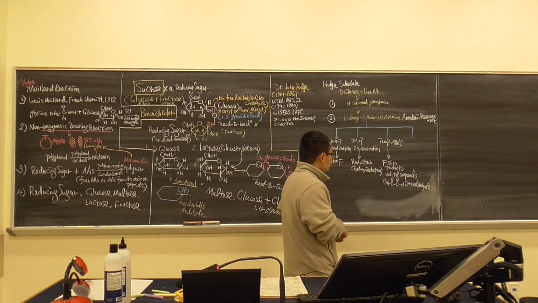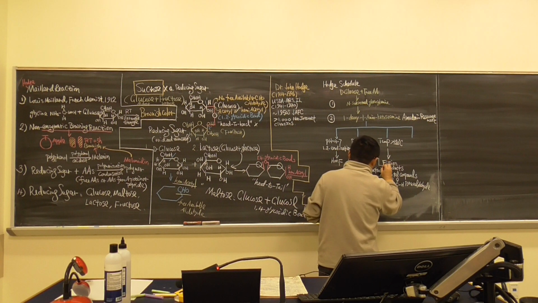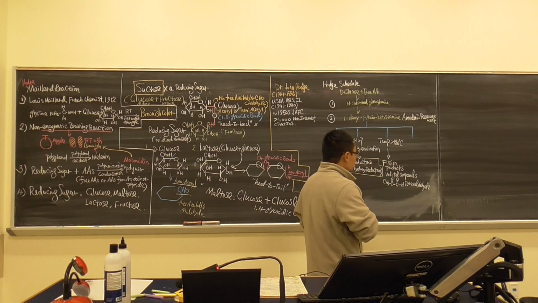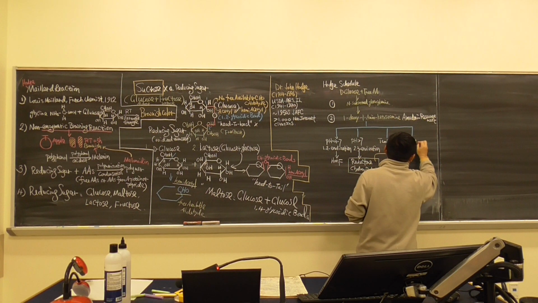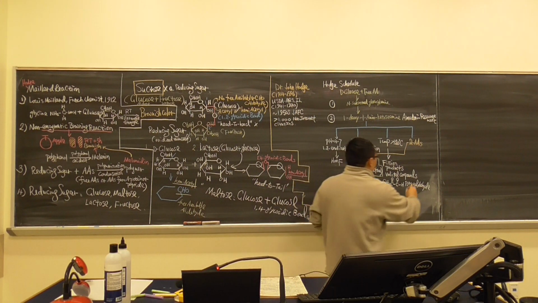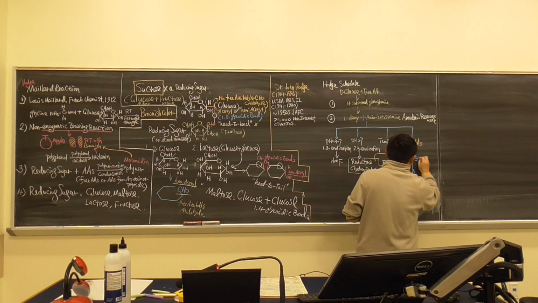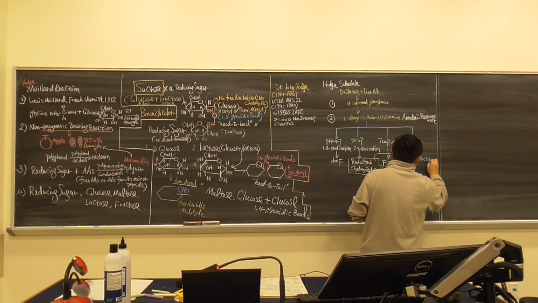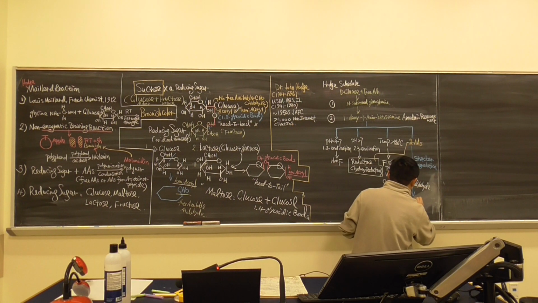What happens if these products are generated in the food product and alpha amino acids show up? What will happen? It will go through a process called Strecker degradation. And Strecker degradation will generate the so-called Strecker aldehyde.